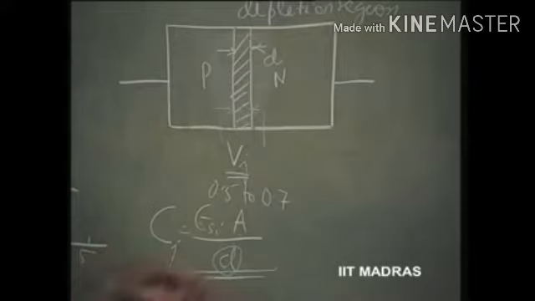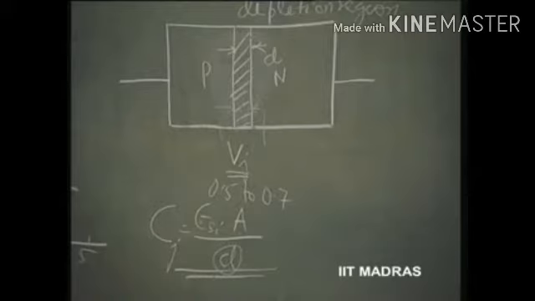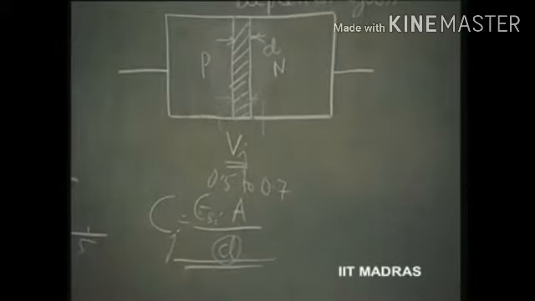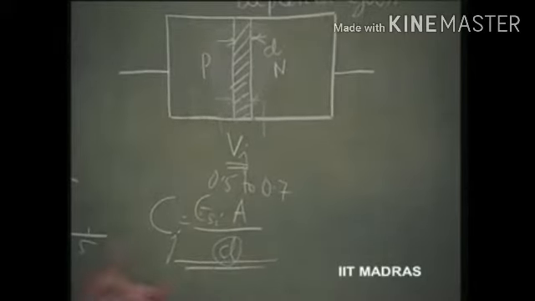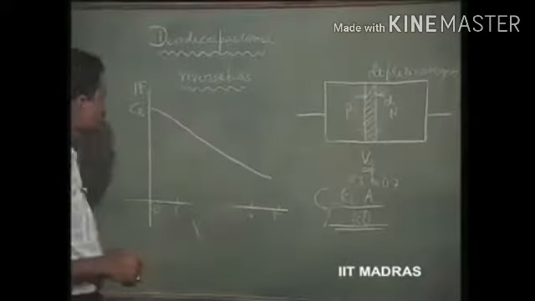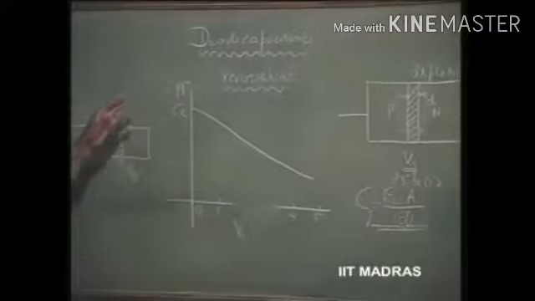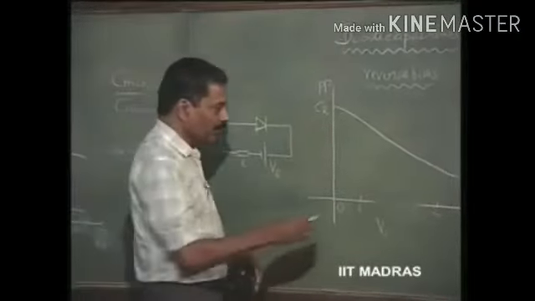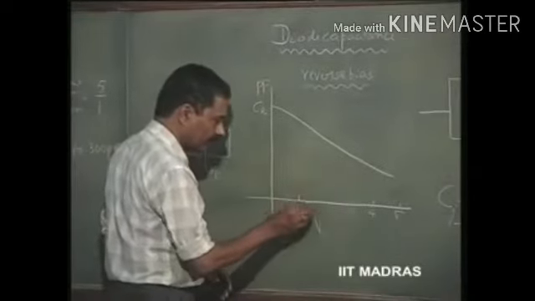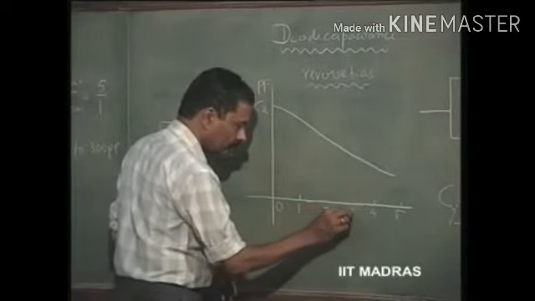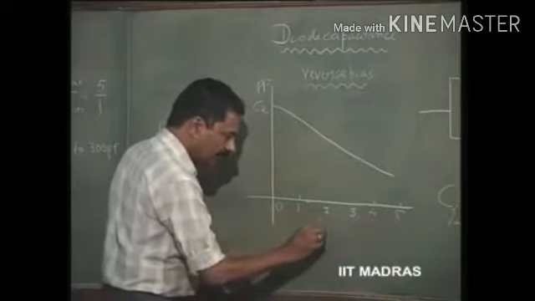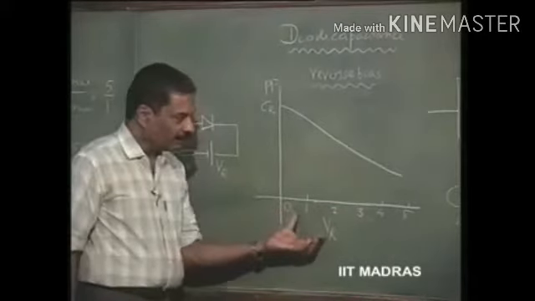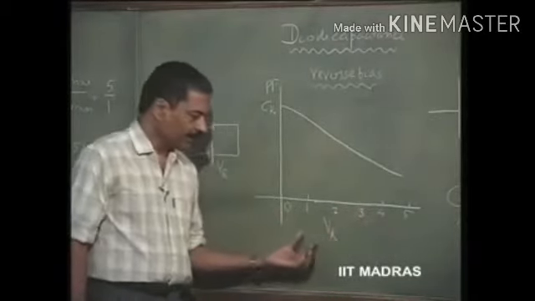So, if this kind of property of the junction is exploited, then that particular diode becomes a special diode. You can say it is a diode specially used for its capacitance, and the capacitance is going to be dependent upon the reverse bias voltage, as the reverse bias voltage magnitude increases.